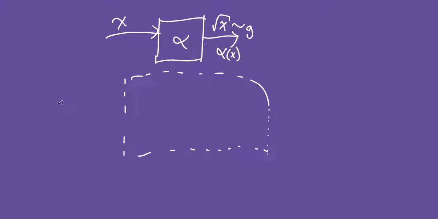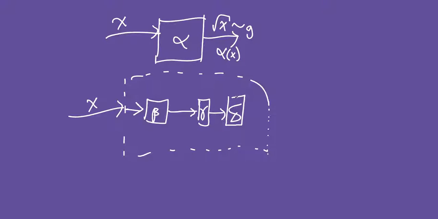What we find, as happens a lot when you break open these boxes, is we put x in there, and it goes inside here, and inside these boxes are more boxes. There are little boxes inside. So let's call them beta going into gamma going into delta. Inside alpha is a chain of smaller boxes.